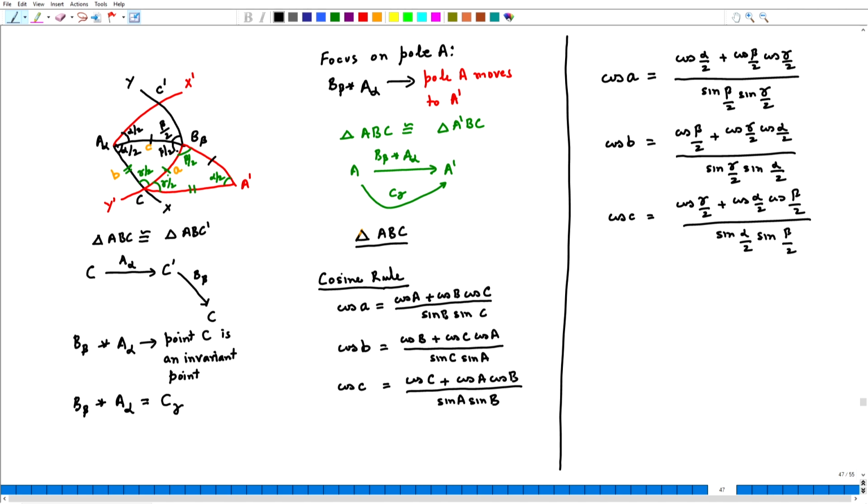So, we have found a set of relationships now between a, b, c and alpha, beta, gamma.